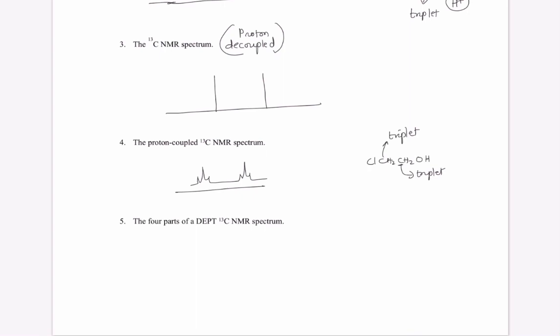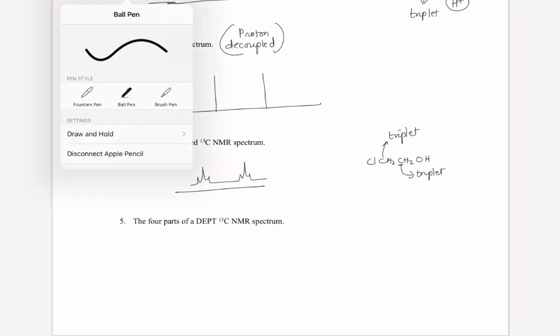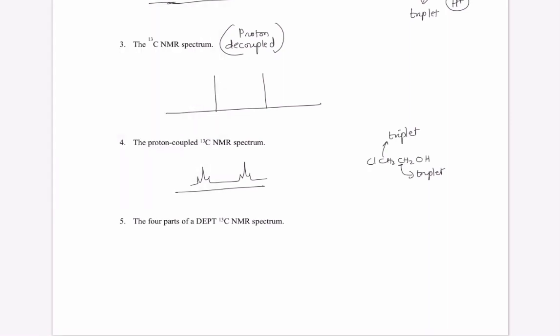Now, what is DEPT-13 NMR spectrum? The expansion for DEPT is distortionless enhancement by polarization transfer. Using a DEPT will help us to identify the different types of carbon. For example, quaternary carbons, methine carbons, methylene carbons, and methyl carbons can be easily identified using DEPT-13.